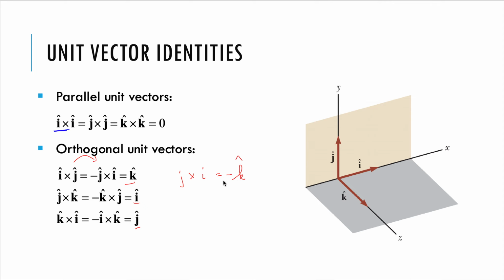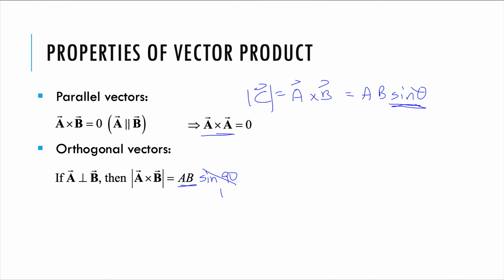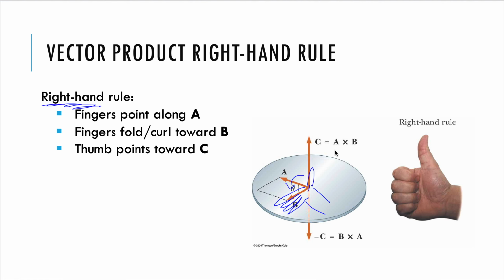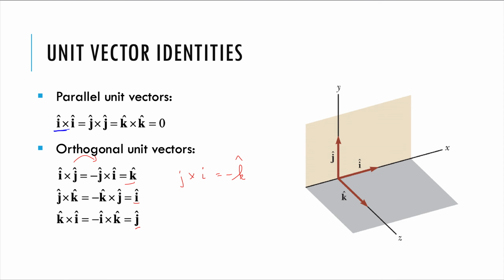And even though I didn't make a big announcement of it, we did see that in the picture here, that we had A cross B with C going up, but when we did B cross A, then we had negative C going down, so in the opposite direction, which adds a negative.